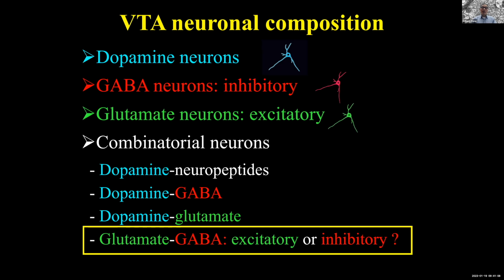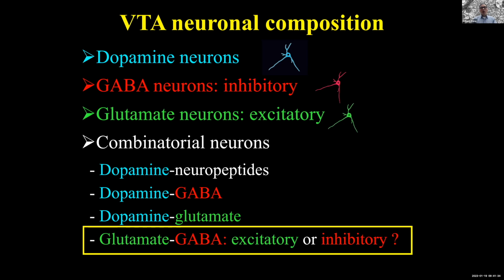In recent years, scientists have frequently reported combinatorial neurons, including dopamine neuron peptides, or dopamine GABA, or dopamine glutamate, or glutamate GABA.